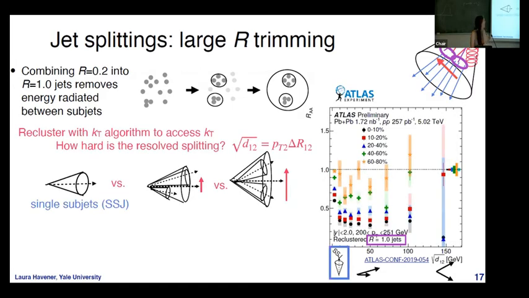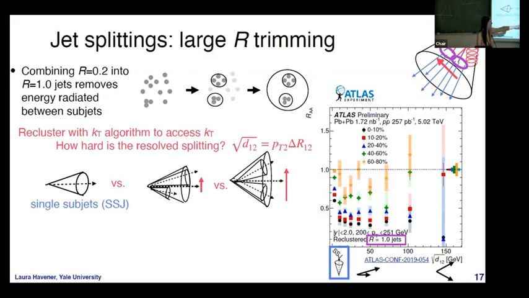Then they recluster with the kT algorithm and access the kT, which they call D12, so they can look at the dependence on D12. They also look at the single subjet, which is when you don't resolve splittings. This is showing the RAA as a function of D12.